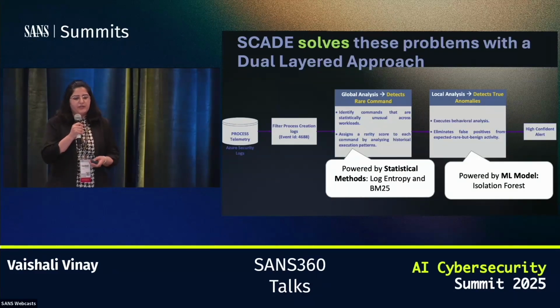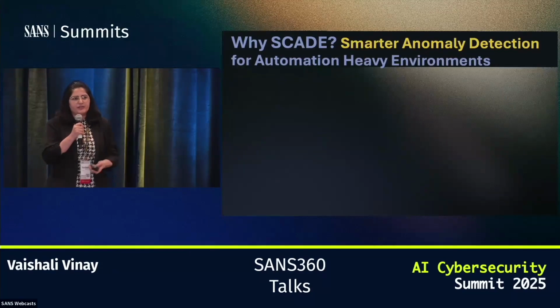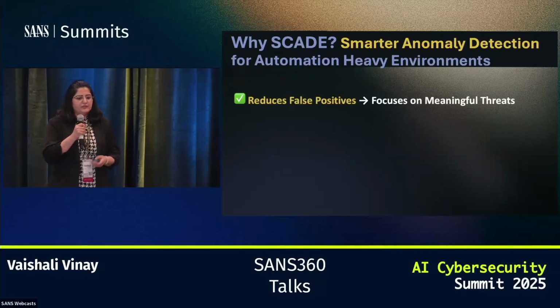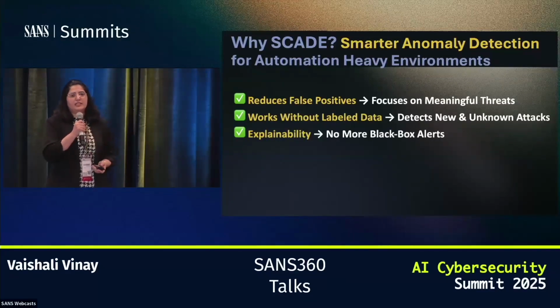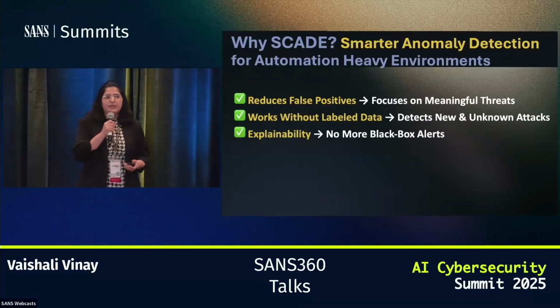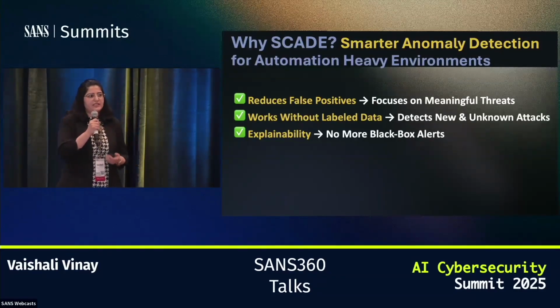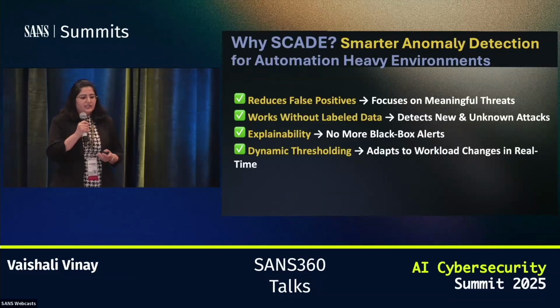So why SCADE? Why not any other unsupervised approach? First of all, SCADE works without the need for any labeled data. Second, due to its dual-layered nature, we are able to reduce false positives. Third, we have explainability. When we say something is malicious or unusual, we don't just provide scores, we explain the reasoning behind it.